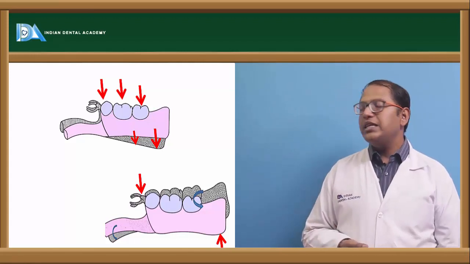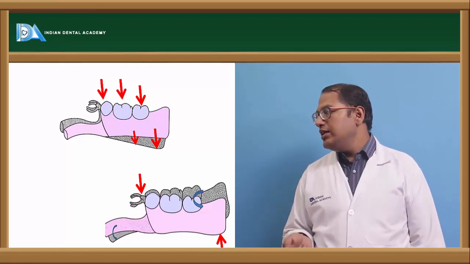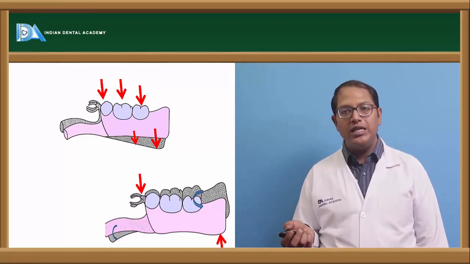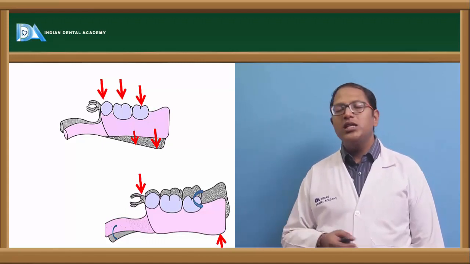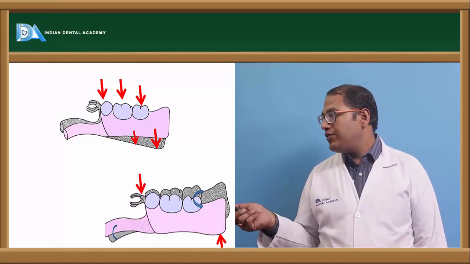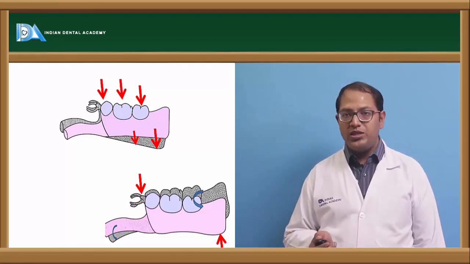Now, why is it so important to give an indirect retainer? We can see in this picture, when forces come along the long axis of the teeth, there is a rest on the distobuccal area of the tooth, as in the simple circlet clasp, where the distobuccal has a projecting rest.